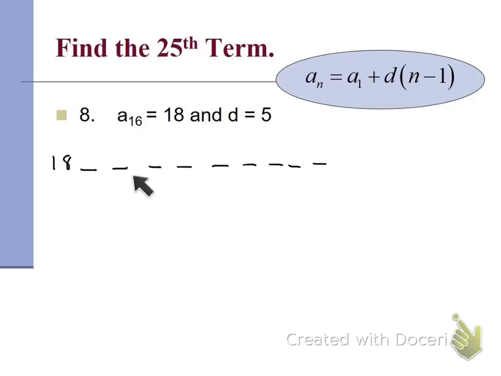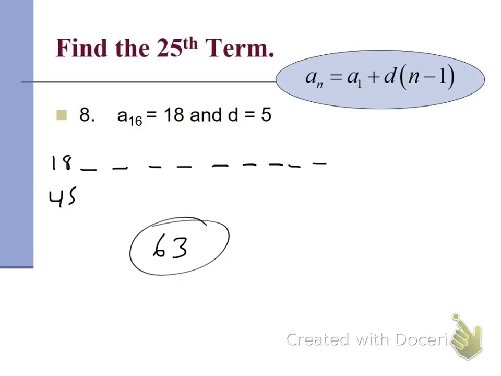And I would count that. That's 1, 2, 3, 4, 5, 6, 7, 8, 9. Times 5 is 45 plus 18, which gives me 63. That's what I would do.